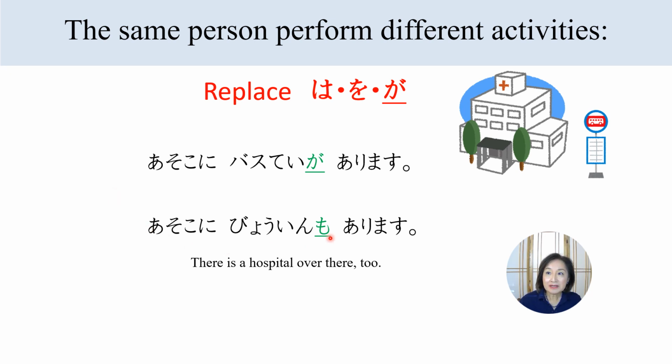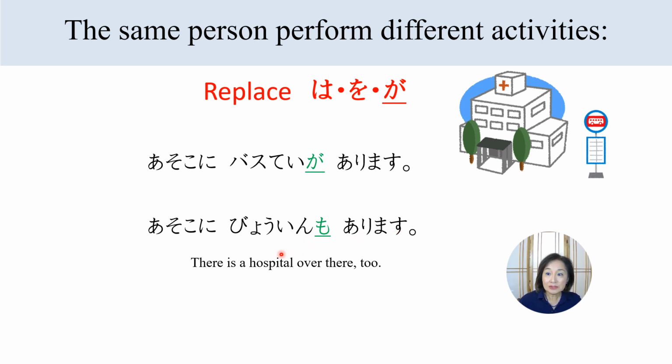Here we are marking what exists over there with も. The location word あそこに and the verb あります remain the same because it's part of the shared property.